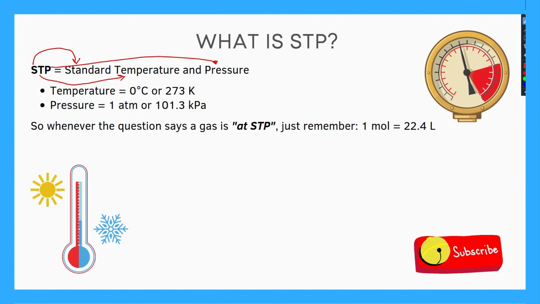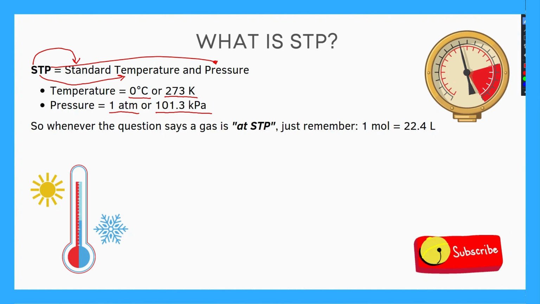Whenever we say STP, we are referring to 0 degrees Celsius or 273 degrees Kelvin. And pressure, when it is standard, we are referring to 1 atmosphere or 101.3 kilopascals.